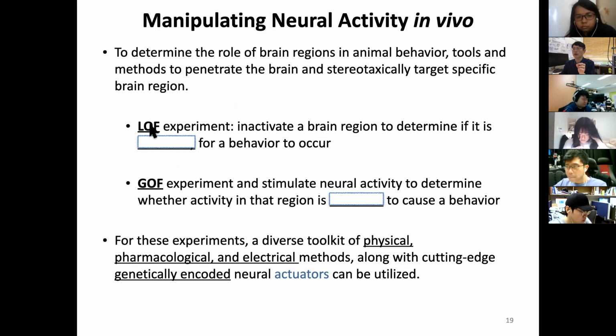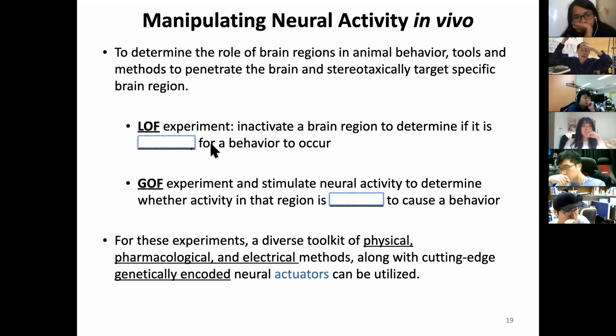That's called a loss of function experiment. Min-sang, can you guess what this is? Let's say I'll give you an example. I target a specific brain region, for example, hippocampus. I inject a toxin to destroy the hippocampus. And then I realize I cannot remember, like memory. I lost my memory.